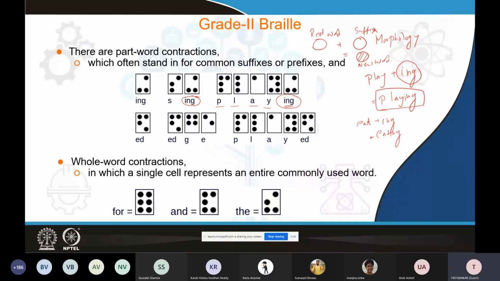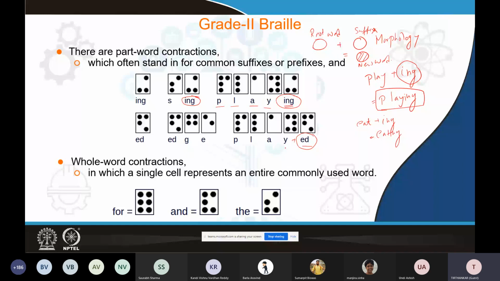Similarly, there can be other suffixes which are very frequent, like ed, right? So play plus ed becomes played. What we are doing is this ed is a suffix, and we have a contracted form of ed as this representation, and therefore we have a contracted form of played.